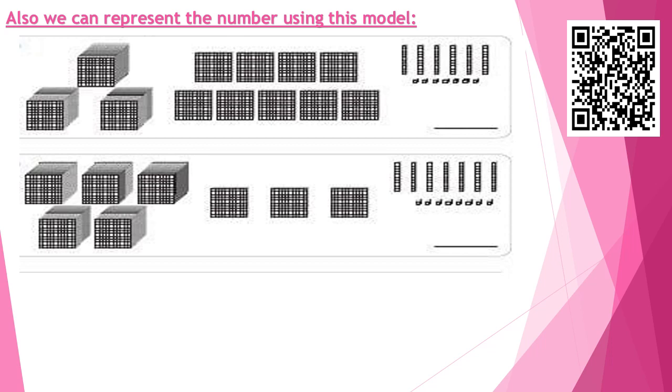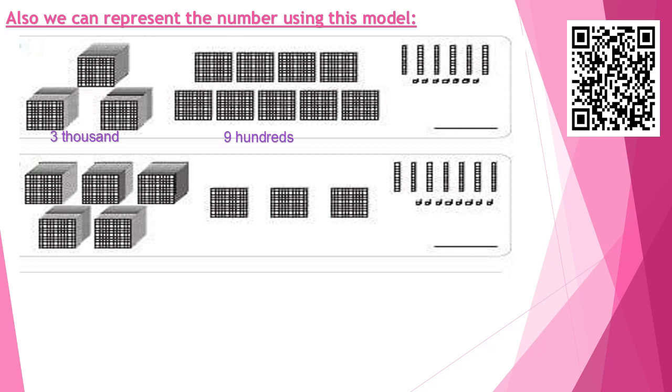The newest one today, I will use cubes to represent 1000. So I have here 3 cubes, so 3000. How many hundreds here? Let's count our big squares. 1, 2, 3, 4, 5, 6, 7, 8, 9. So I have 9 hundreds.